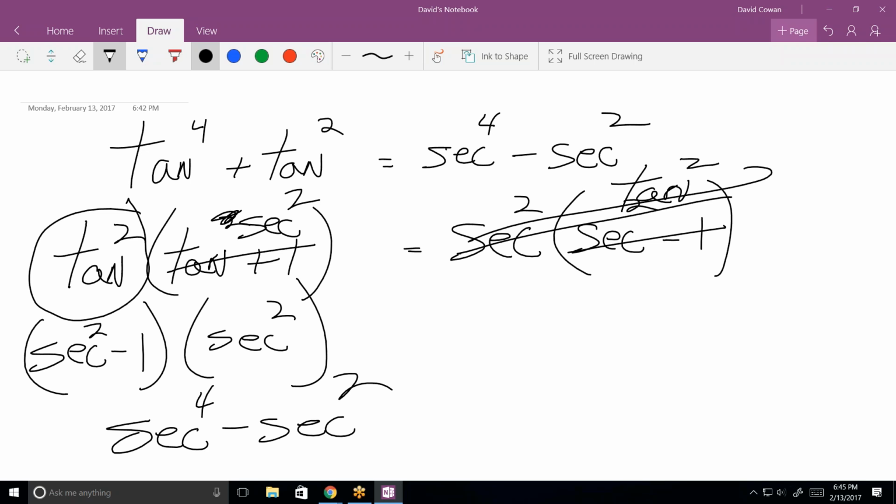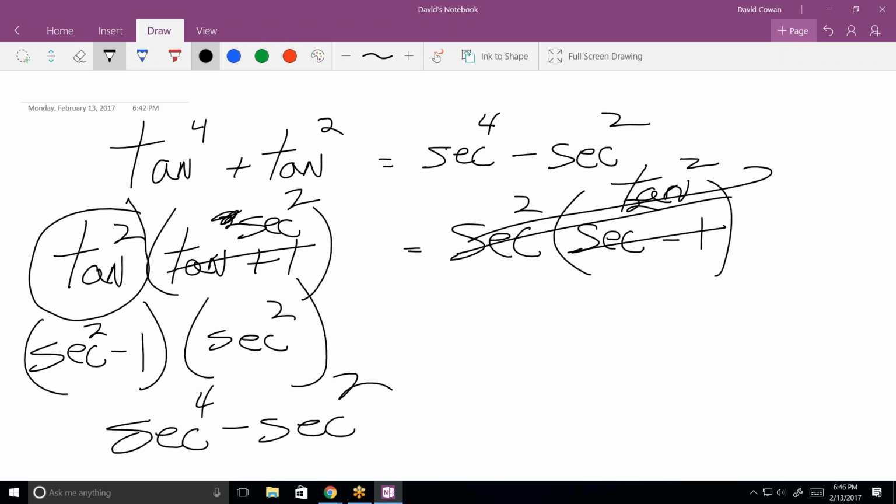In other words, I didn't have to fool with the right side. What fooling with the right side did was tell me how I could completely turn the left side to look exactly like the right side, which is a little bit cleaner way to do it.